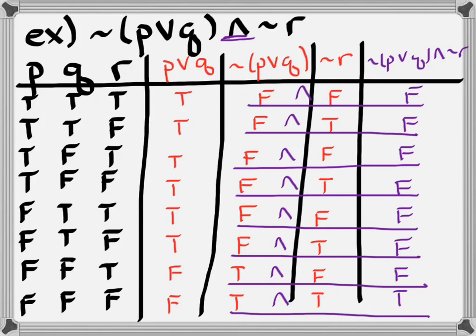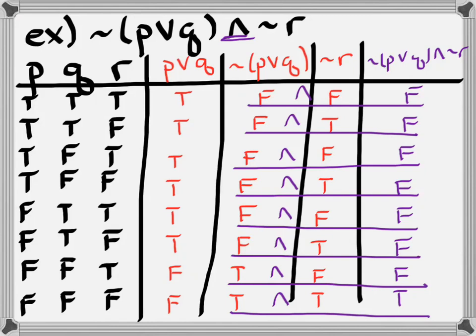Lastly, we want to find the truth value for not the statement P or Q, and not R. So I look at the last two red columns and I'm combining these with an AND symbol. So for instance, the first row gives us false and false, which is a false statement.